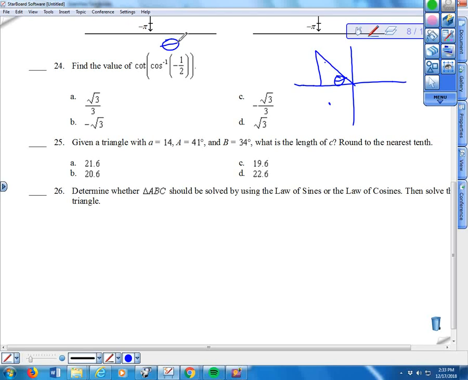It can't be in the third, right? Because we have to restrict the domain from 0 to pi. So this is my angle, and it's negative 1 over 2, so this is the square root of 3. And cotangent of this angle then is negative 1 over the square root of 3, which is negative square root of 3 over 3.